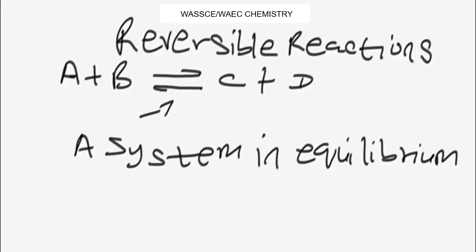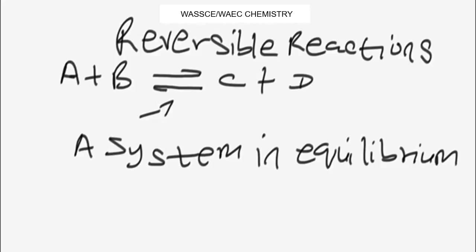Let me say it again. A system is said to be in equilibrium when both the forward and backward or reversed reactions are occurring at the same rates.